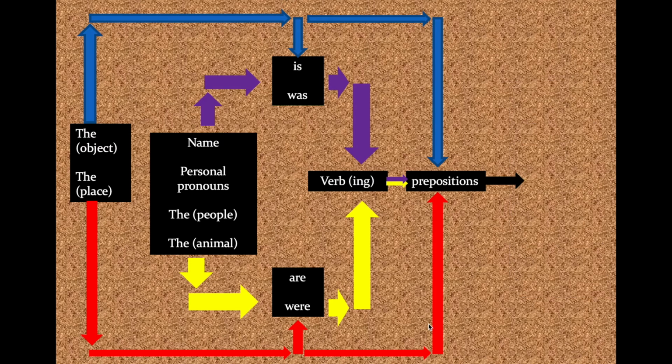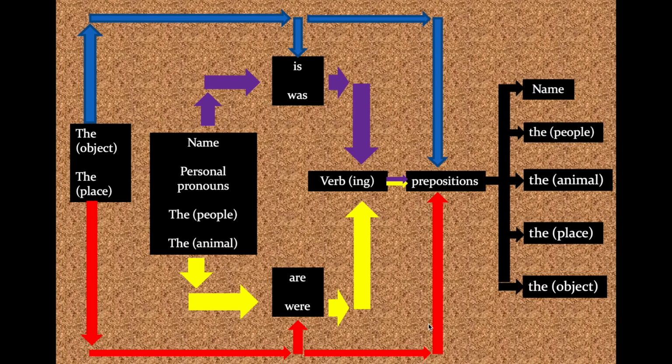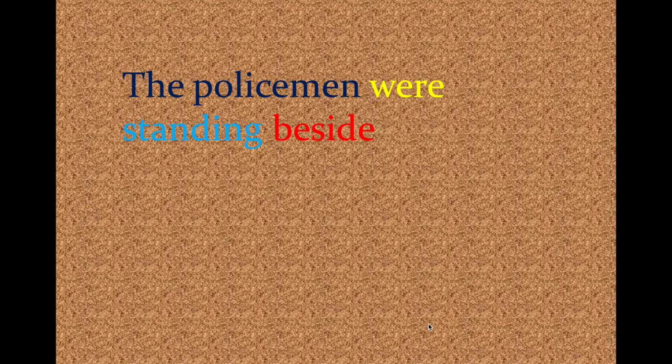Now, let's see the example of the sentence using the plural subject with added verb ing. The policeman was standing beside the car. The policeman is the people.